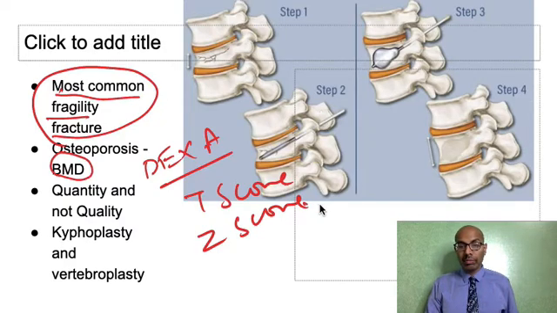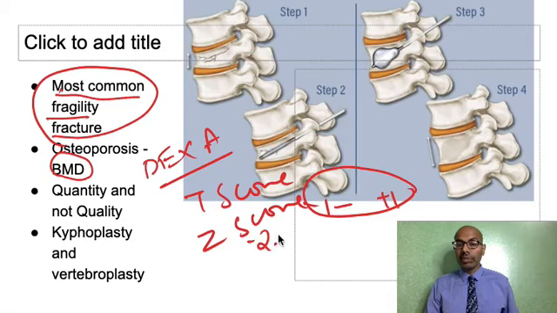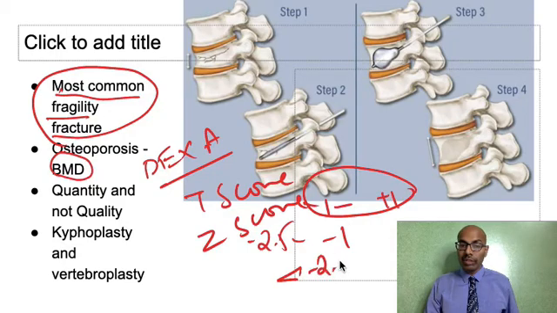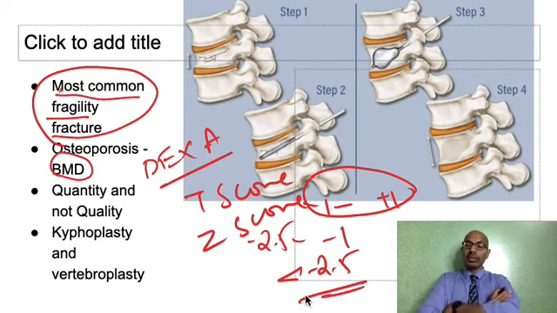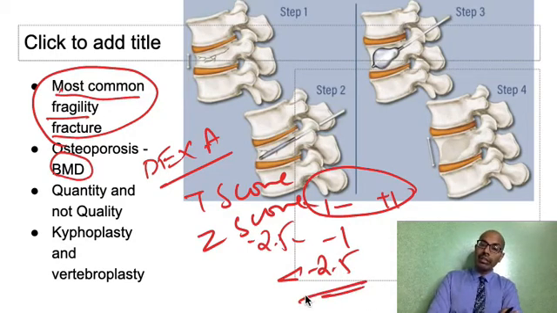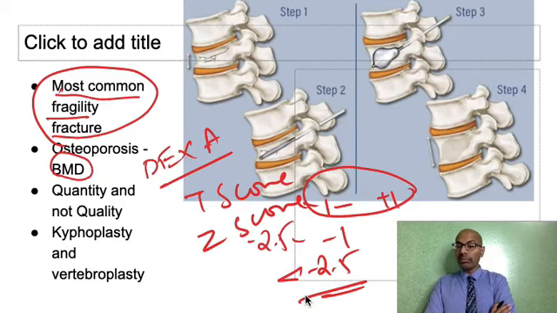A T score of -1 to +1 is normal. T score -2.5 to -1 is osteopenia, and T score less than -2.5 is described as osteoporosis. So this is the bone density definition based on the T score compared with a young male or young female.